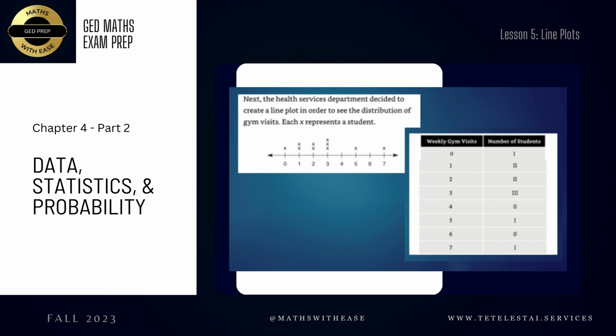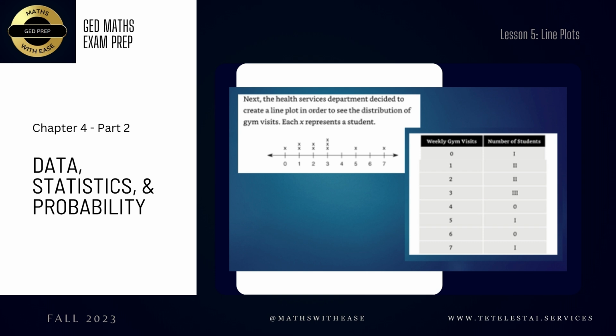So you can see from this line plot that there is an uneven distribution or arrangement of students across the numbers of possible gym visits. 3 visits per week has the highest frequency, as we can see here, with 3 students, meaning that more students go to the gym 3 times per week than any other number of visits.